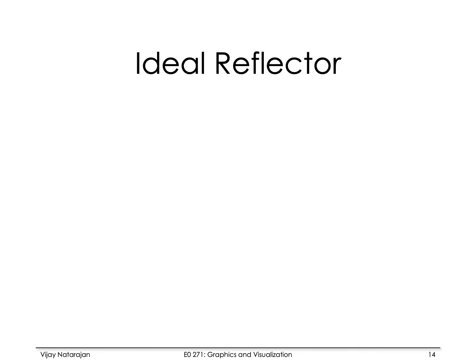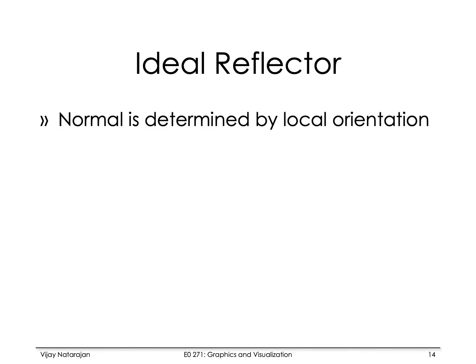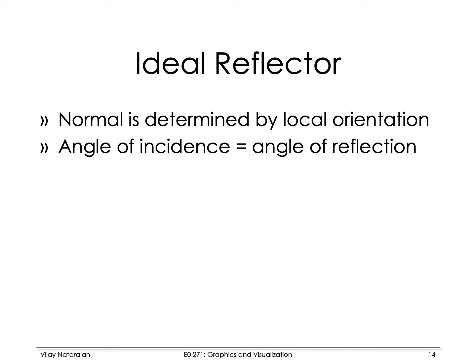Let's talk about the ideal reflector, the mirror. So given a point on the mirror or an ideal reflector, we can talk about the normal. This is essentially given by the local orientation of the surface. Given the normal, we know that the angle of incidence equals the angle of reflection.